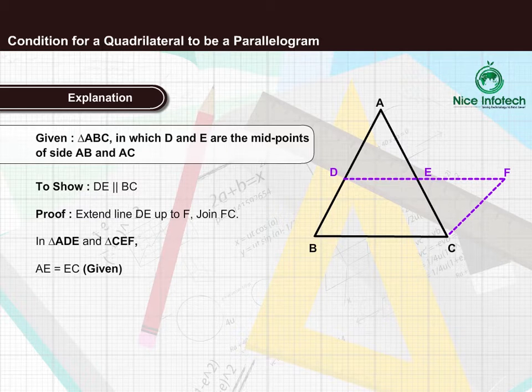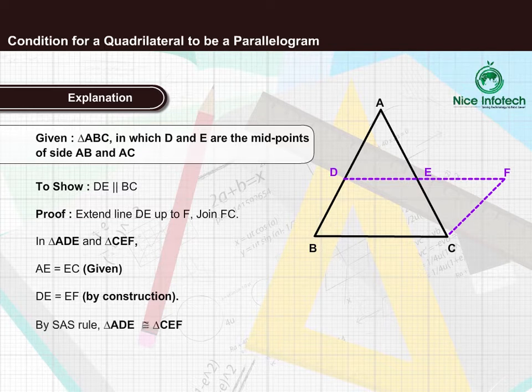Angle AED is equal to angle CEF, vertically opposite angles. DE is equal to EF by construction. So, by SAS congruency rule, triangle ADE becomes congruent to triangle CEF.